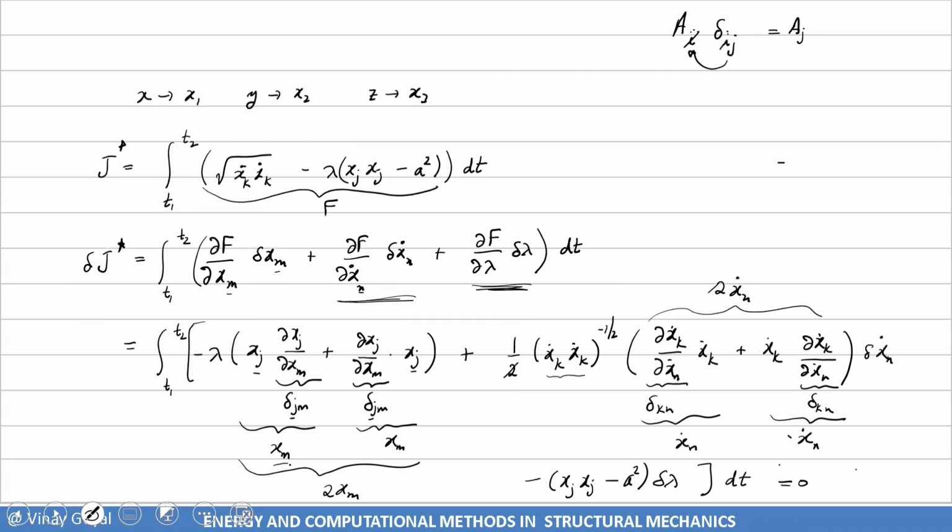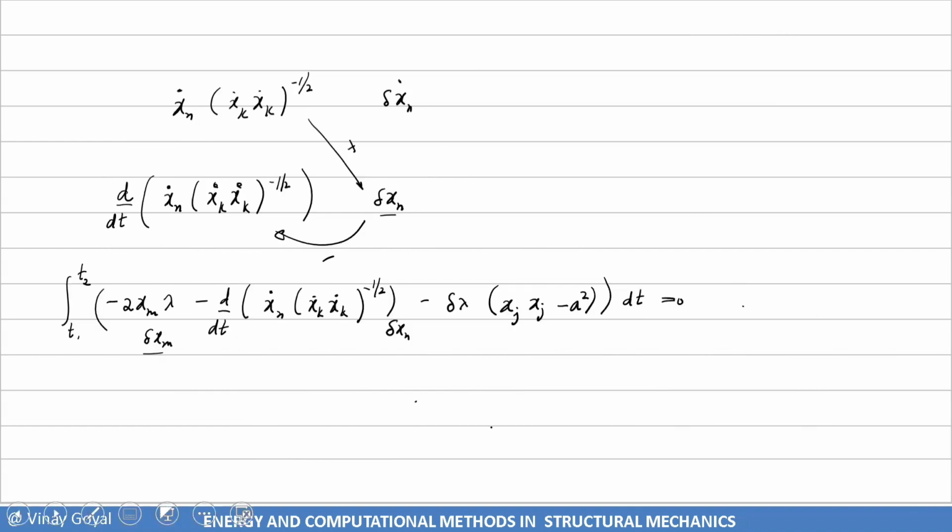You can see that there. And so I kind of forgot to write here del xm. So I do have to factor out del xm from here, which is the reason I wanted to repeat these steps.